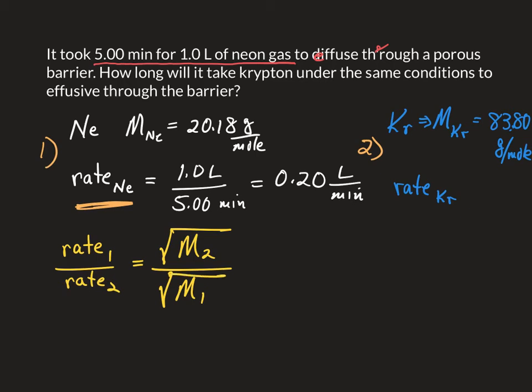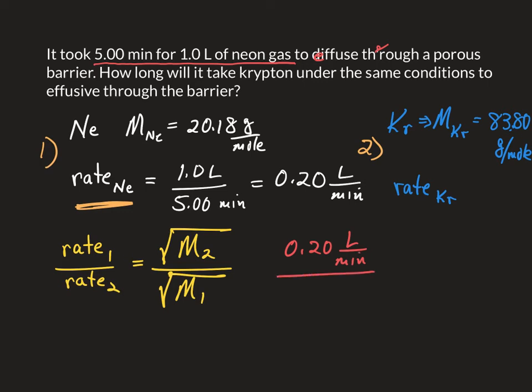And now we substitute. So 1 is neon, so its rate is 0.20 liters per minute.